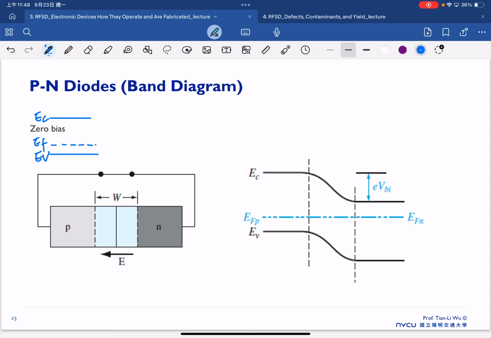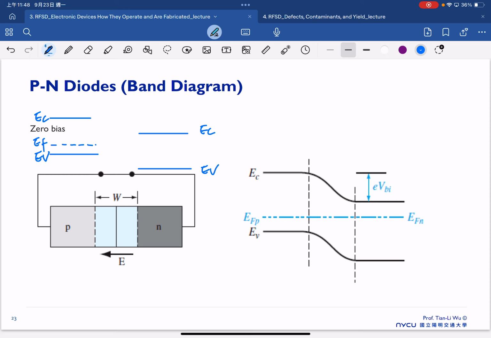But these things you still need to remember. Once a p-type, that means EF is close to EV. And on the right-hand side, this is n-type. So n-type, that means this is a conduction band, this is a valence band.